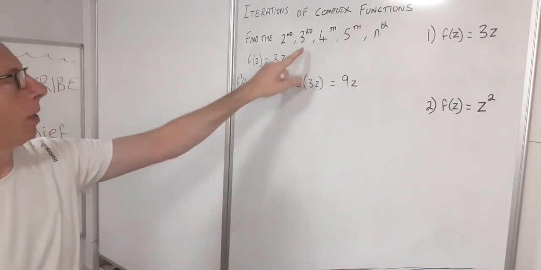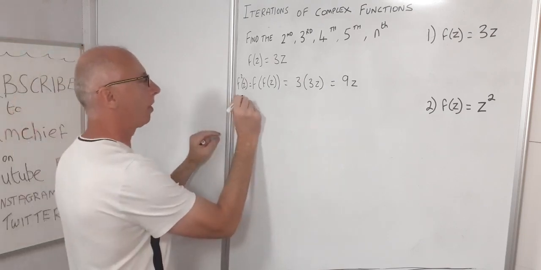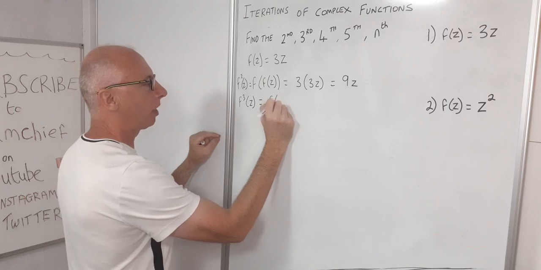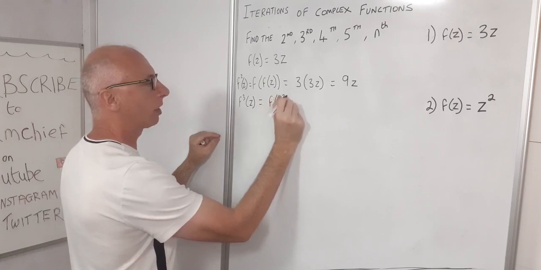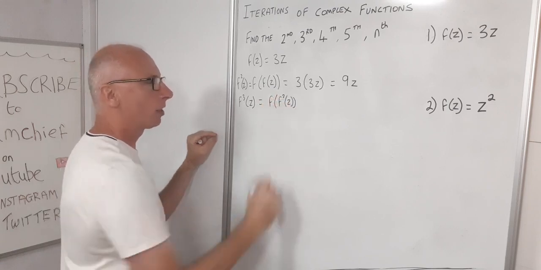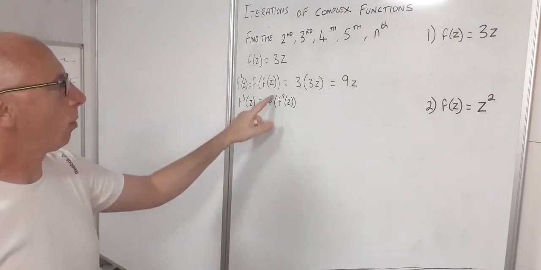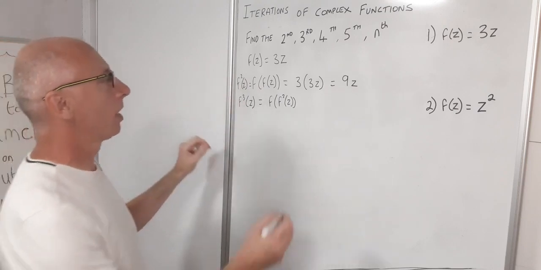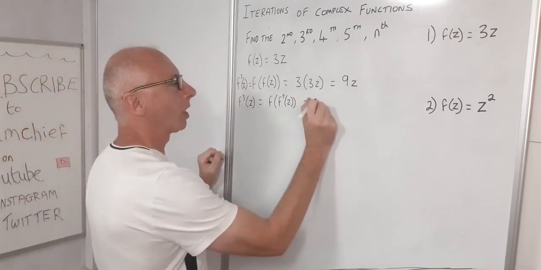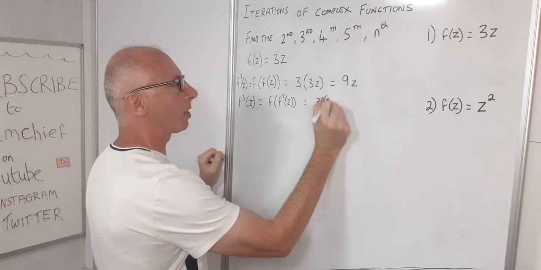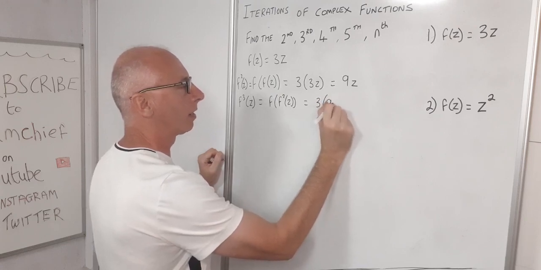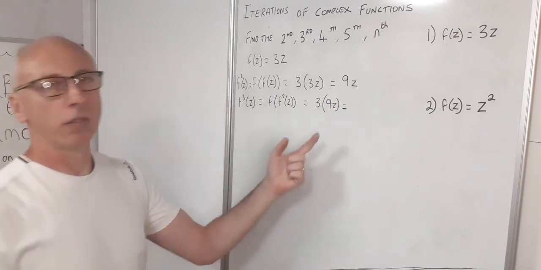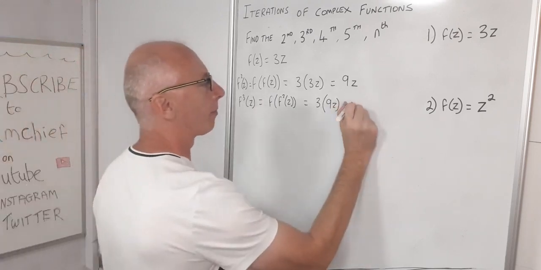Okay, what about the third one? So now we want f3 of z. So then that becomes f of f2 of z, using our rule where f and f2 combined together will give us f3. So now we want 3 times 9z. So then that will equal 27z.